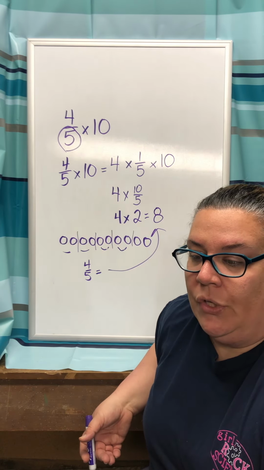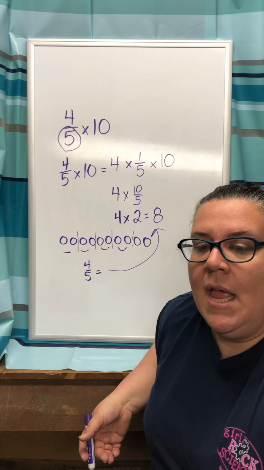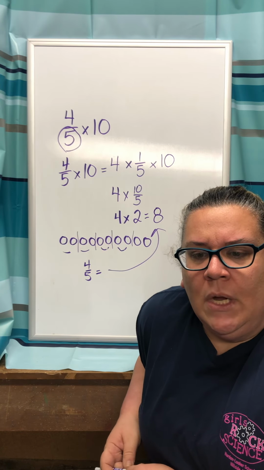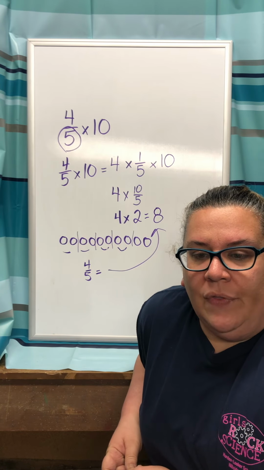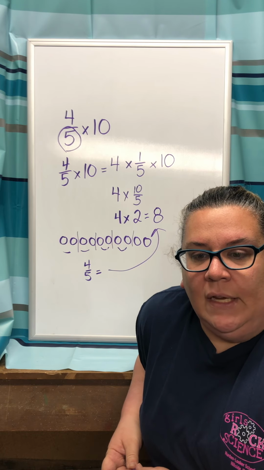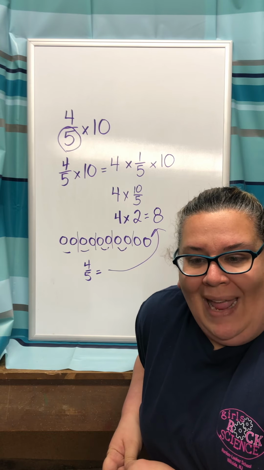I'm now moving to the next page, which is the guided practice. If you look at the top of the guided practice, there's another example for you. They're breaking down 3/4 times 2. They're showing you how you can divide the 2 into 4 equal parts. Each part is 1/2.